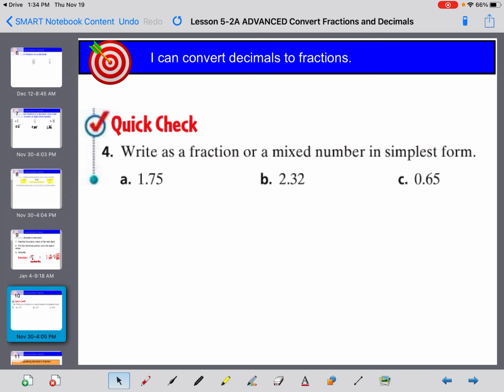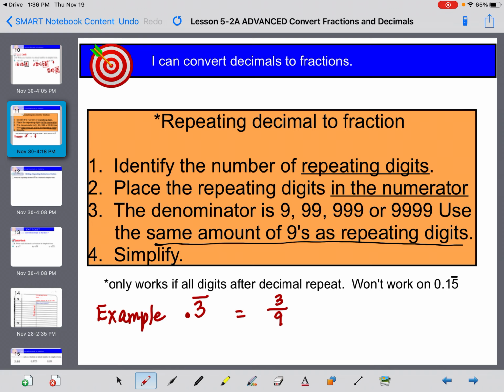In the denominator, use the same number of nines as there are repeating digits. There is only one 3, and that 3 is being repeated, so I am going to use 1 9. Now I simplify. 3 divided by 3 is 1. 9 divided by 3 is 3. 1/3 is equivalent to 3/10 repeating.